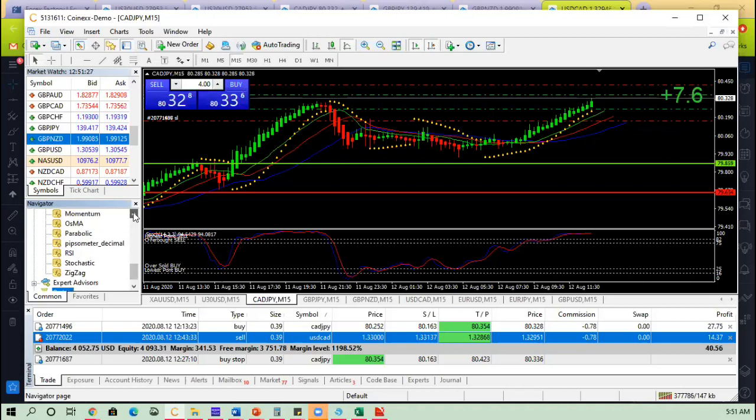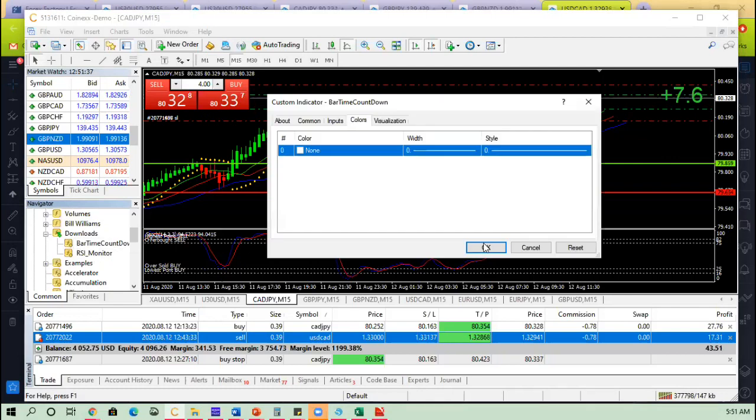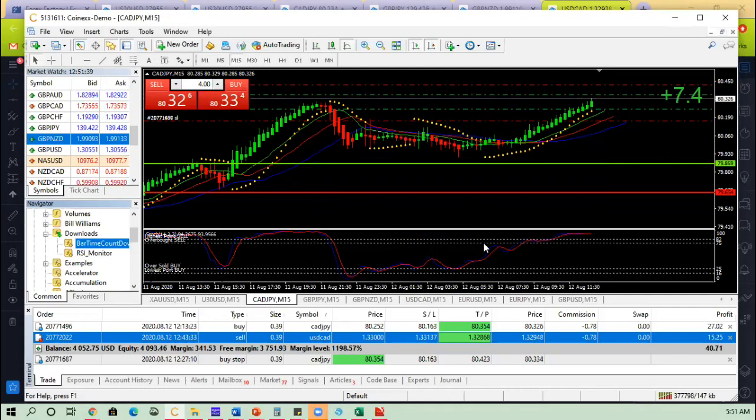My downloaded indicator. Oh, there it is. All right. So I'm going to double click it. I'm going to say okay. And it's going to put my countdown for my next candle up on my screen. So I know I'm in the 15-minute time frame, and my next candle is going to come up in 8 minutes. All right.